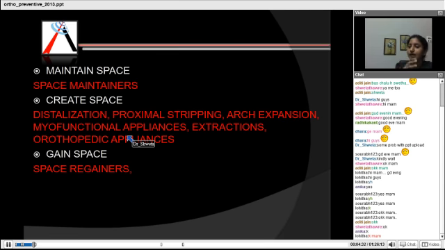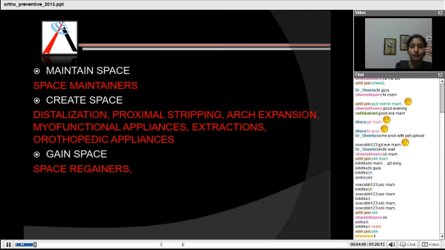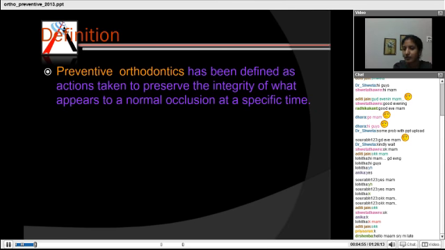When there are a few interruptions for eruption of teeth or for the jaws to grow, skeletal growth, you use all these. So we'll be talking in specific, and then we'll be going through all the questions where you have to diagnose and let me know the treatment. Okay, so we'll not be talking about space maintainers. We'll see if we have time. In the end we'll go. First we'll start with interceptive orthodontics.